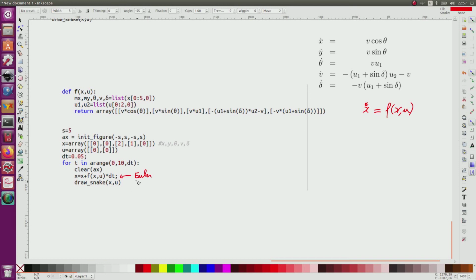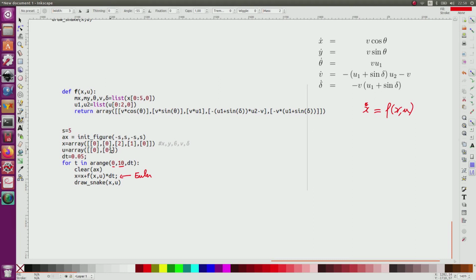So it is an integration chain by Euler, which is less accurate than the Runge-Kutta method. But since here I have some friction, the behavior will be equivalent. So inside the time loop starting from 0 to 10, I have my evolution, and at each step I will draw the robot, the snake.